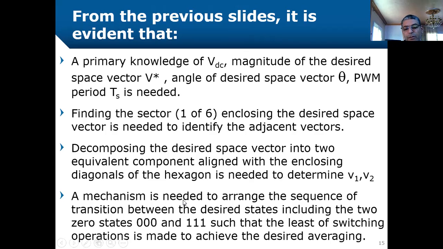Also, we need a mechanism to arrange the sequence of applying or transition between the desired states, because recall that we say we will apply V1 for a certain duration, which is T1, and V2 for a certain duration, which is T2. So for these two durations, we have two different vectors.